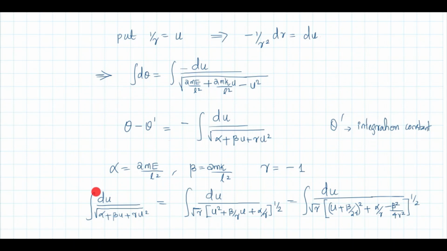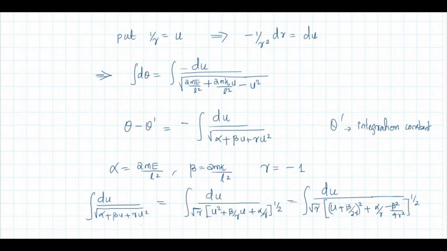And now we want to evaluate this indefinite integral du by square root alpha plus beta u plus gamma u square. For that, you take a root gamma outside. Then the remaining is u square plus beta by gamma u plus alpha by gamma whole raised to half. And this is integral du by root gamma into, make it a perfect square.